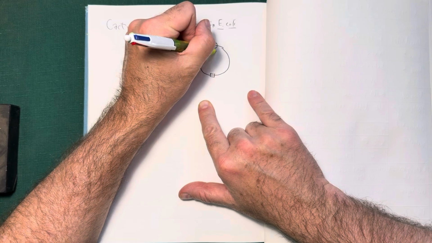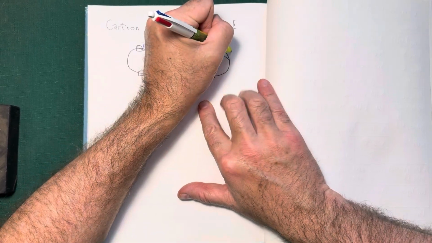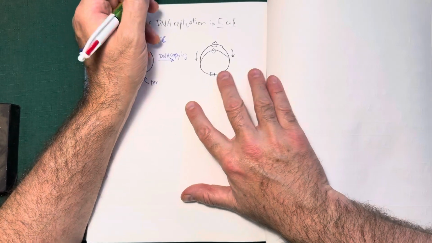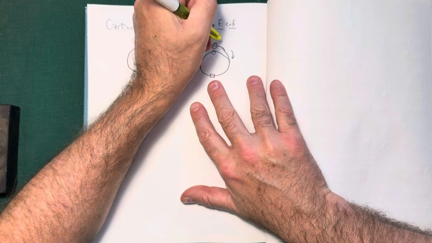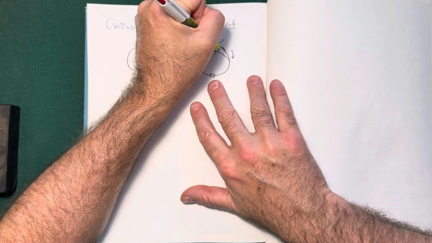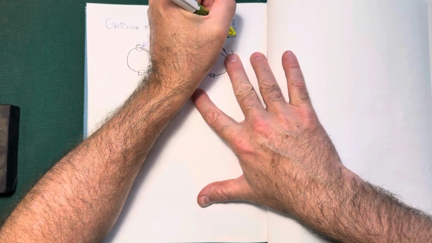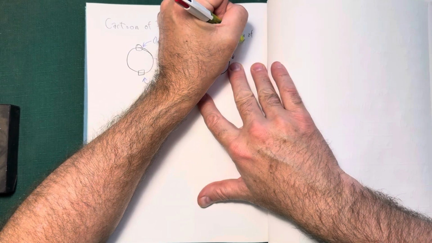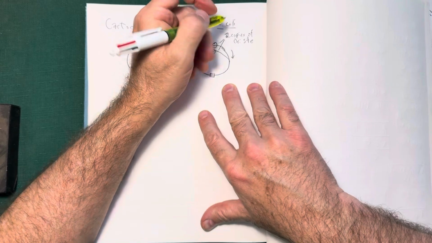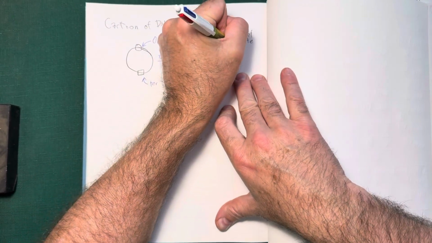So now what I'm showing is replication going from the ORI site. So now we've got two copies of the ORI site. Two copies of ORI site. And replication is proceeding in the direction of the arrows.